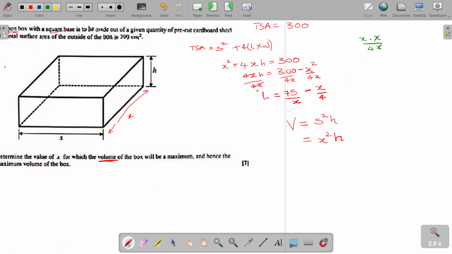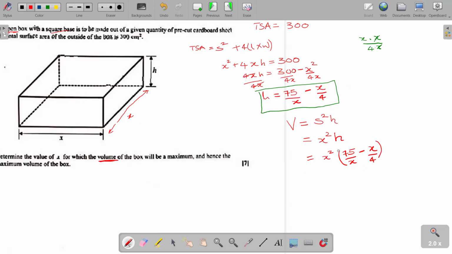So from this expression for h that we have here, we'll come and substitute it in the expression for volume that we calculated. So our volume will be equal to x squared, then substitute the h, which is 75 divided by x minus x over 4.